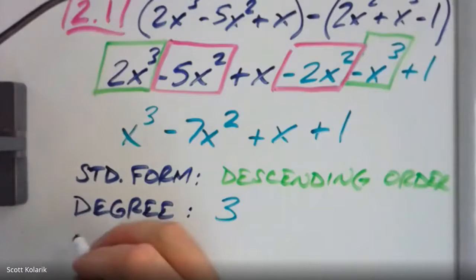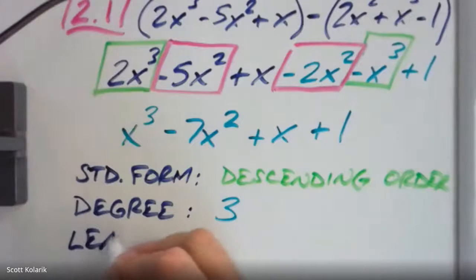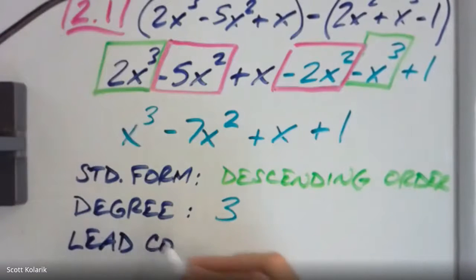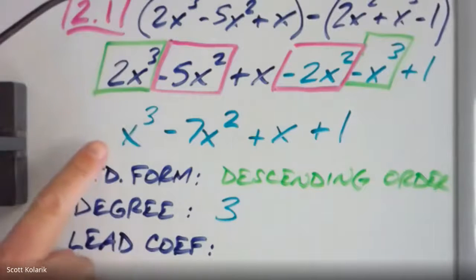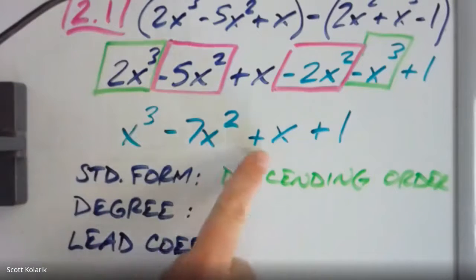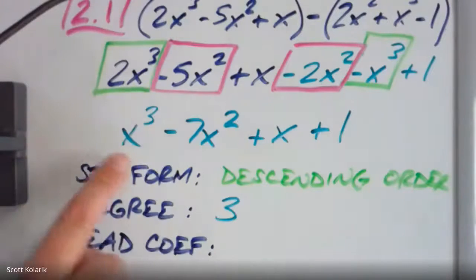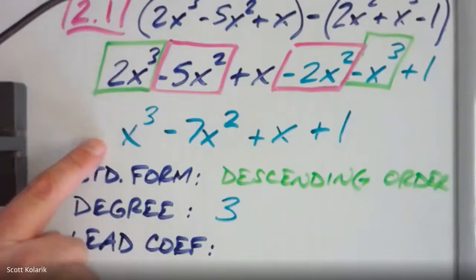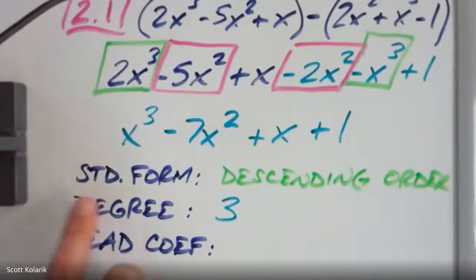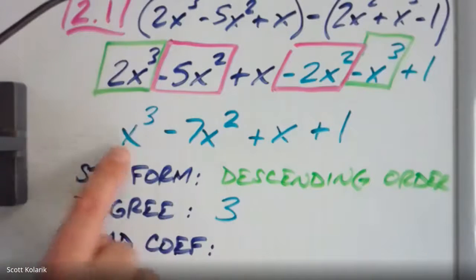And the last thing you'll be asked about here will be the leading coefficient. A coefficient, I'll remind you, just means the coefficient is just a number value that's multiplied by a variable, okay? So the coefficients are basically the numbers that are in front of the letters in this case. So in this case, the leading coefficient, once you rearrange it in standard form, the leading coefficient should be the highest exponent value.